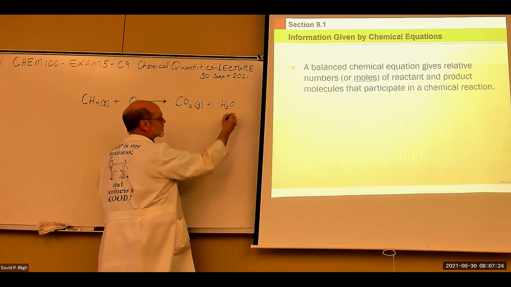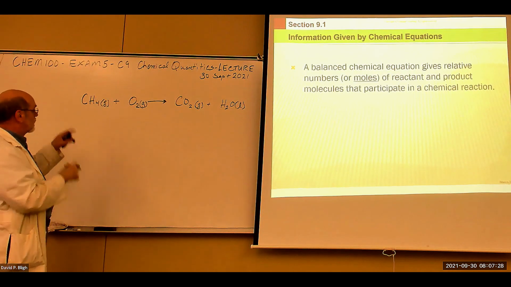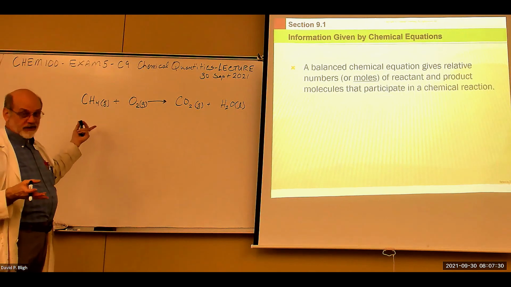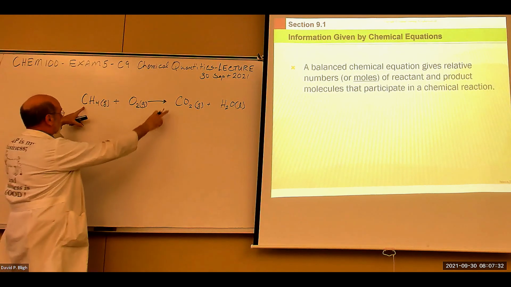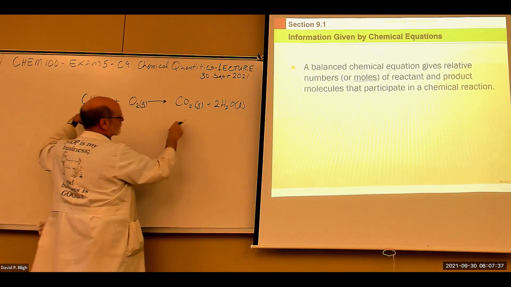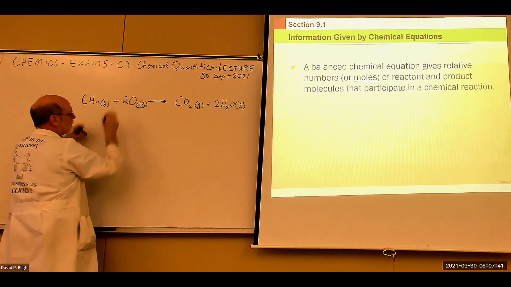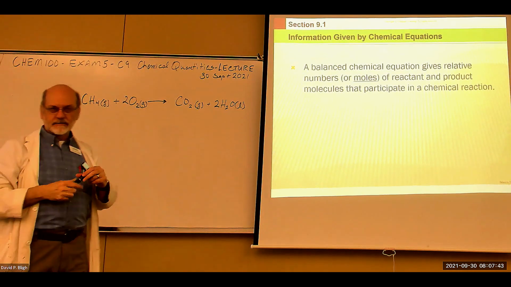Under standard conditions, water will be a liquid. Okay, so that's not balanced yet, I don't think. We have one carbon, but we got 4 hydrogens. Right? So that gives us 4 oxygens. We need 2 here. Now we're balanced.